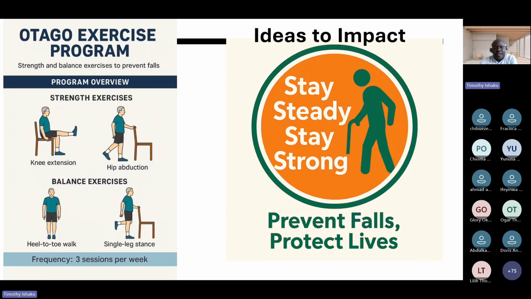There are a lot of successes in terms of intervention, a lot of research out there on falls intervention. One of the main ones is the Otago exercise program. If there is one thing you can take away from today, I know some of you may have been using it, but the Otago exercise program is one of the good things you can pick and use in your clinic, where they are looking at basically strength and balance.